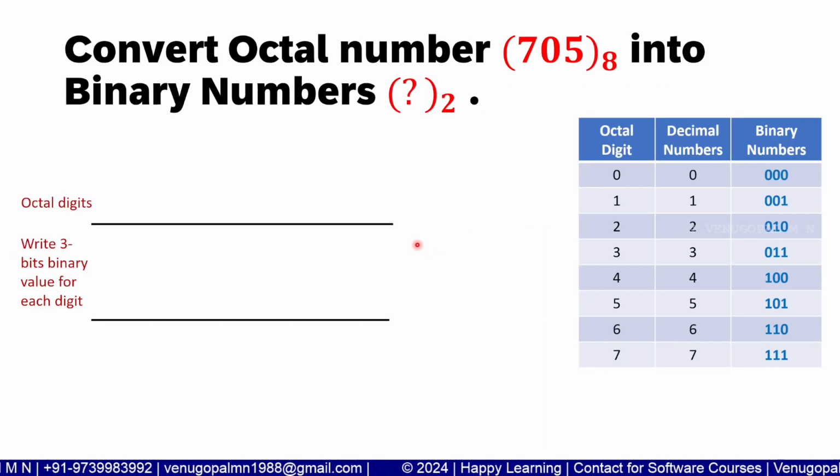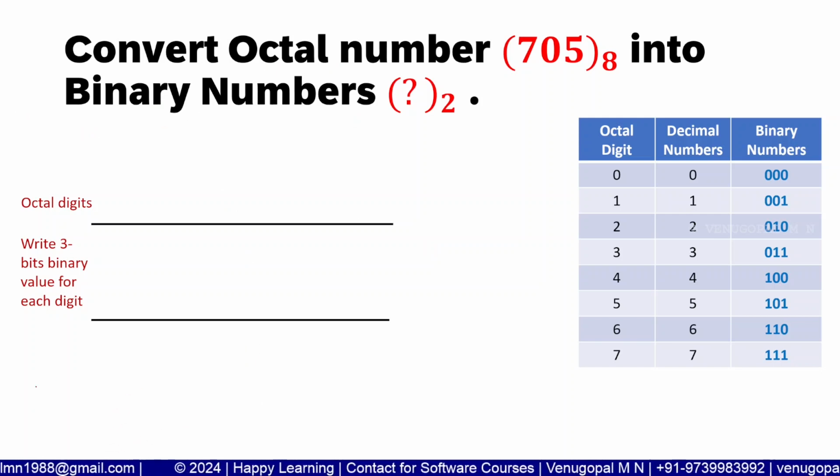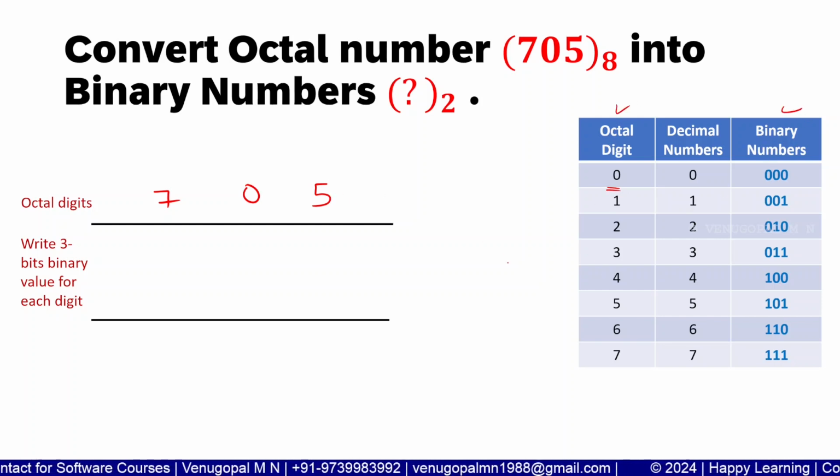So convert a given octal number to a binary number. What does that mean? Let us take this example. What is the octal number? 705. If you remember, there is a table we prepared earlier: octal number, equivalent binary number. What is the binary equivalent of 5? 101.